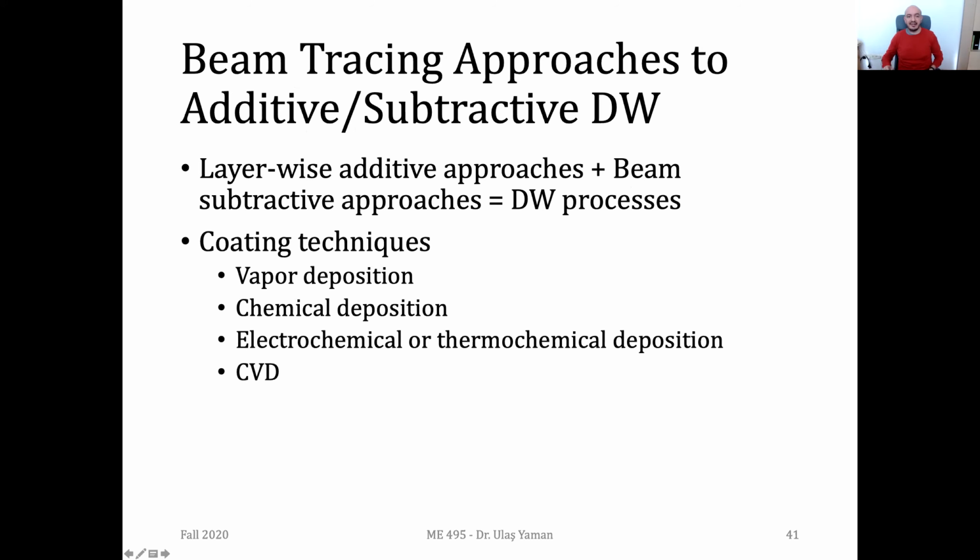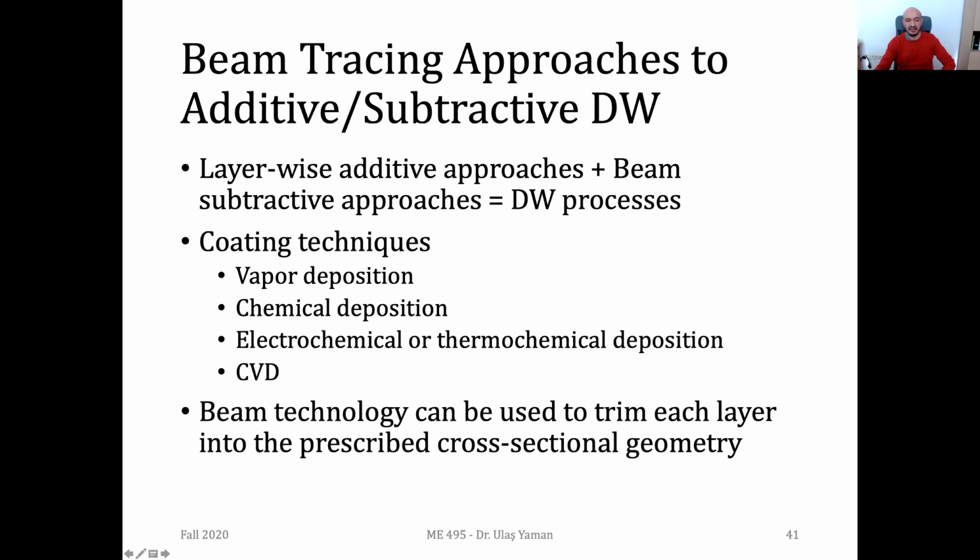So for the additive part, we can use coating techniques like vapor deposition, chemical vapor deposition, or maybe simply electrochemical deposition. And then after you obtain this layer of material, you can use some other beam technologies to remove material according to the defined paths.